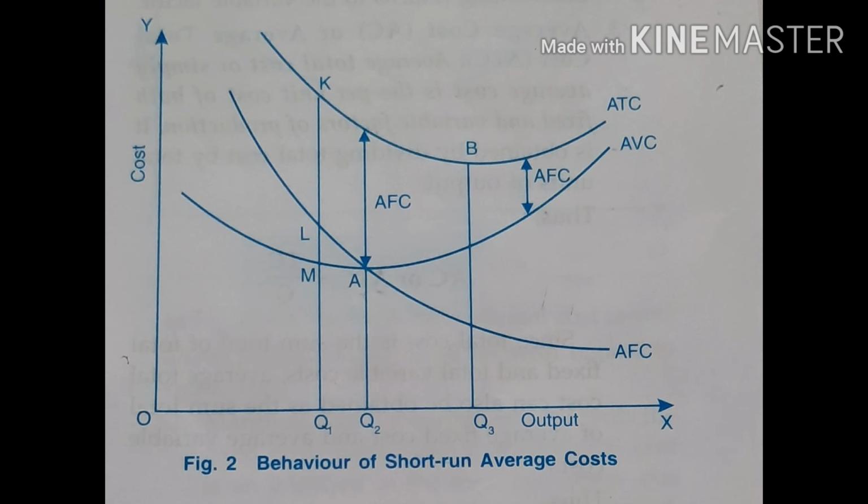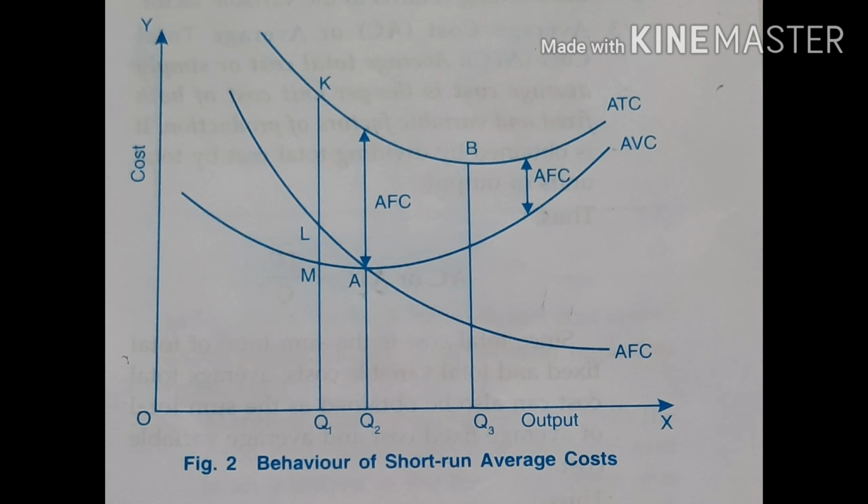In order to derive AFC you divide TFC by quantity. So when TFC is constant and you divide it by greater and greater output, AFC falls. This is the technical reason behind it, right?